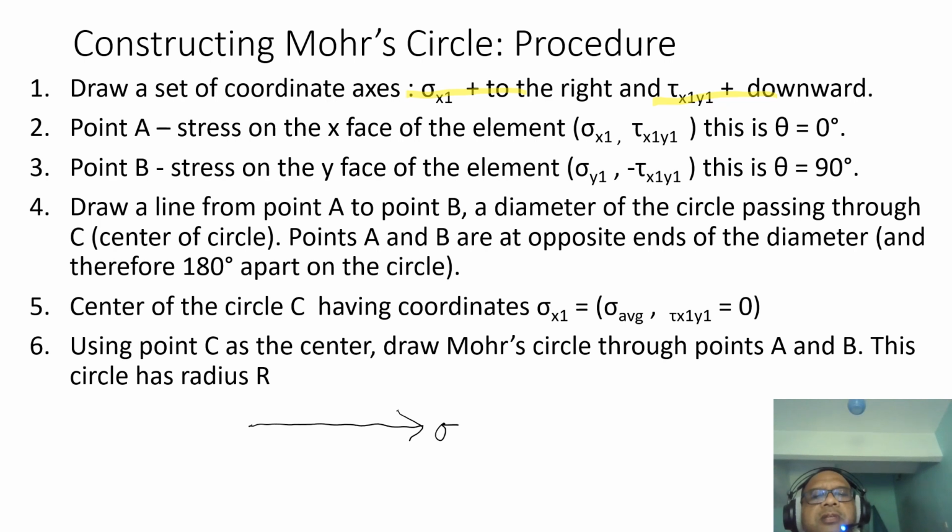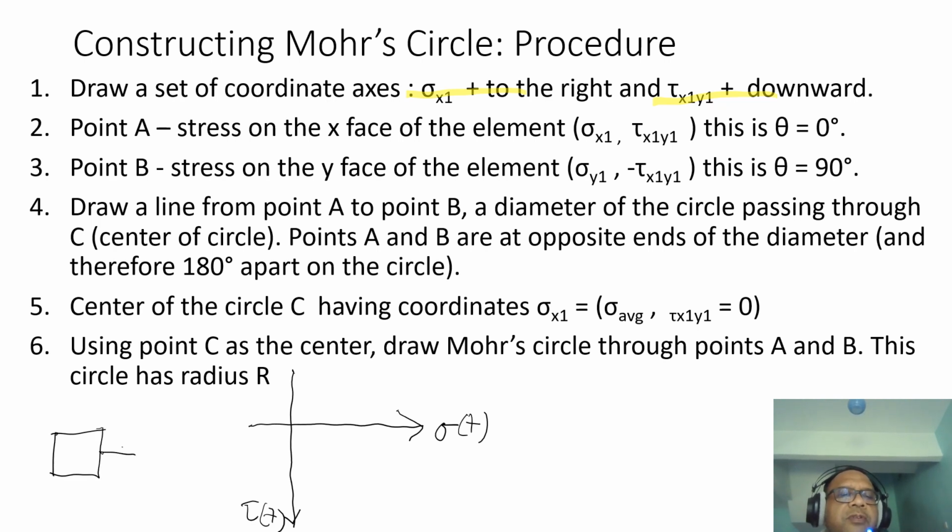So this is normal stress, and this is tau. This is tau positive. This is positive. So that's number one. Then locate point A on the stress element. If you have any stress, sigma x and sigma y, and this is tau xy.